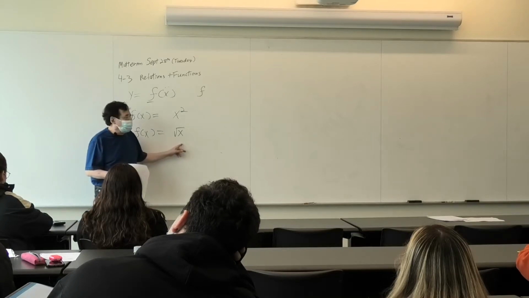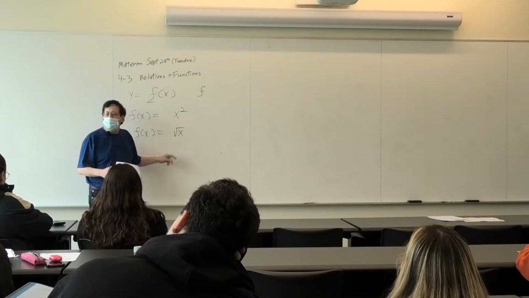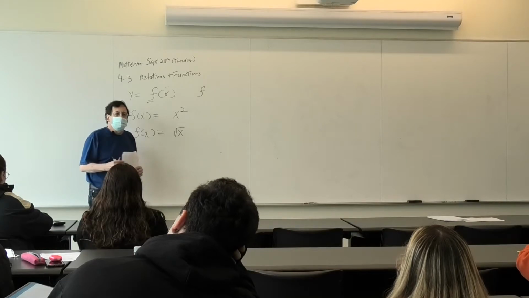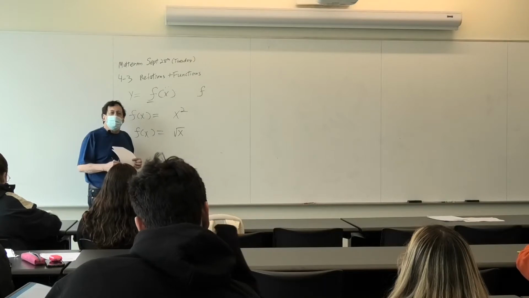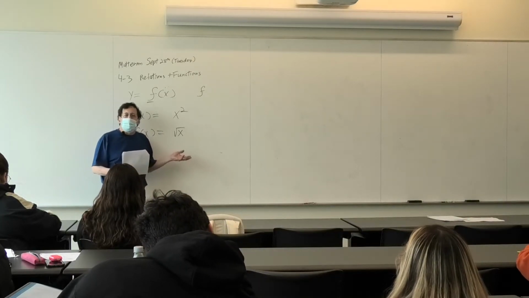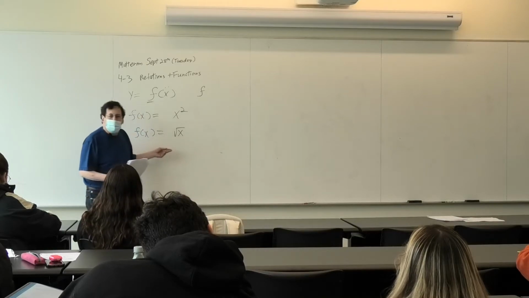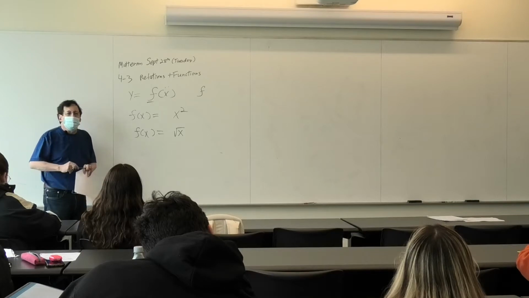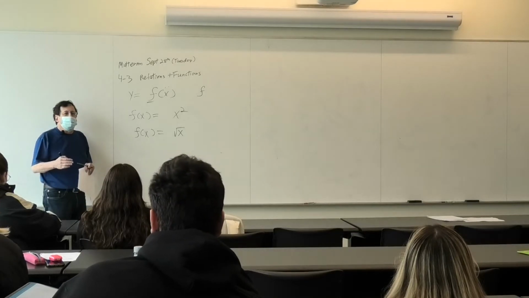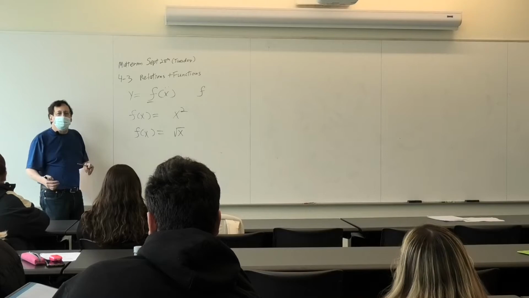How about the square root of negative 3? What's that? If we're just going to deal with real numbers, we can't do that, can we? How about 0? Does that work? Yeah, 0 works. Square root of 0 is 0.